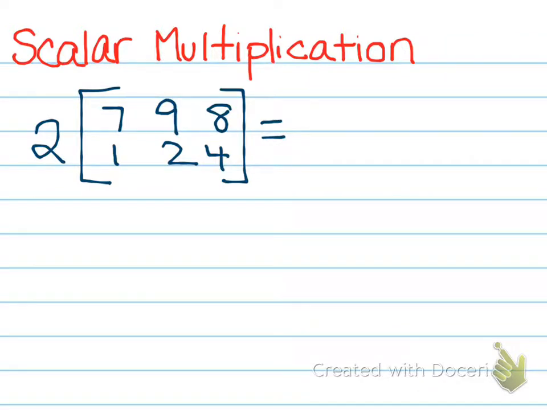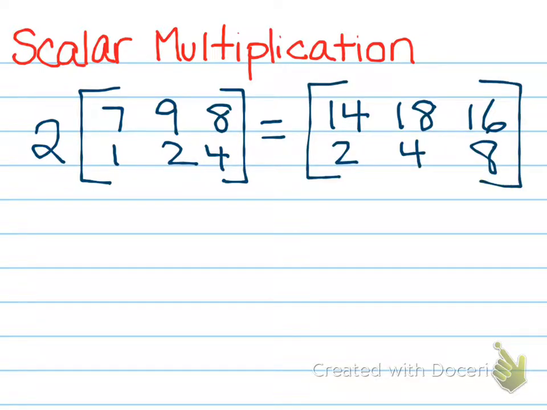So your final solution, your product, would be 14, 18, 16, 2, 4, and 8. You can also have scalar multiplication with a negative, with a fraction, and you would do the same thing. You would multiply the whole thing by whatever the scalar factor on the outside is.